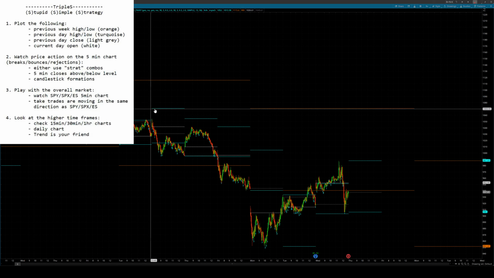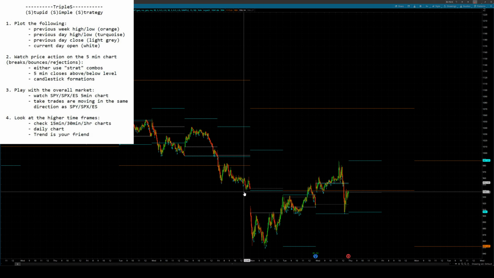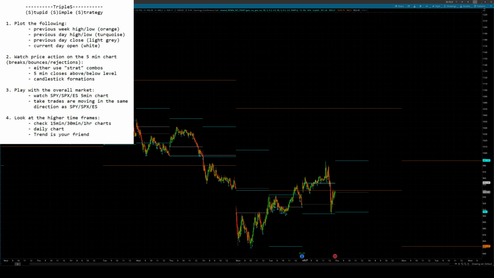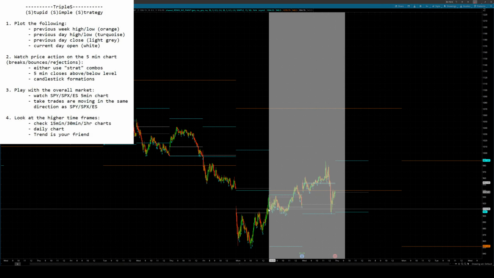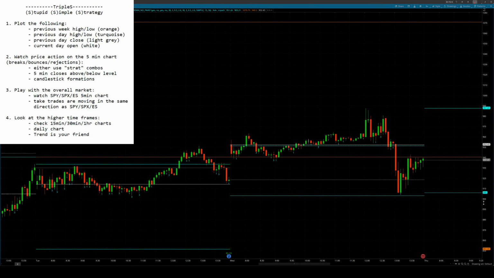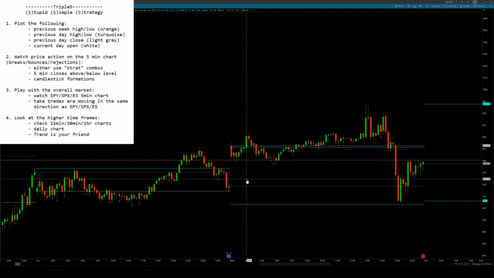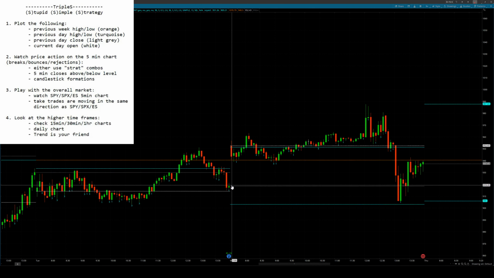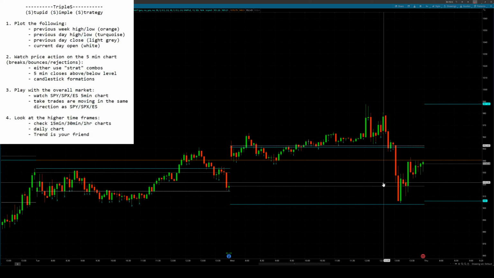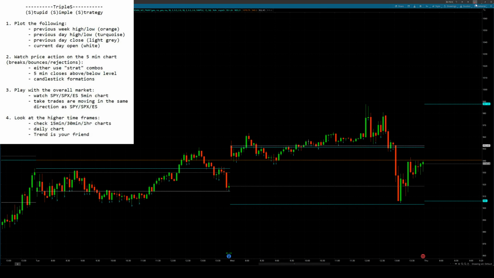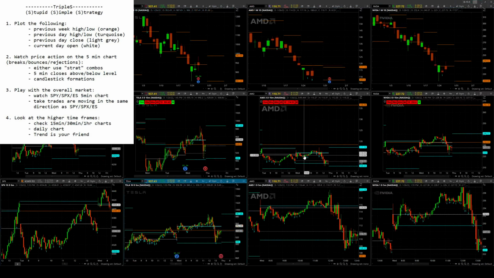It plotted the high right here, the low right here, for this week. And then if we zoom in a little, we can see the previous day's high, low. It's represented by these turquoise lines. The previous day's close right here, and then the current day's open. So those are what you're going to need to plot down for this strategy.